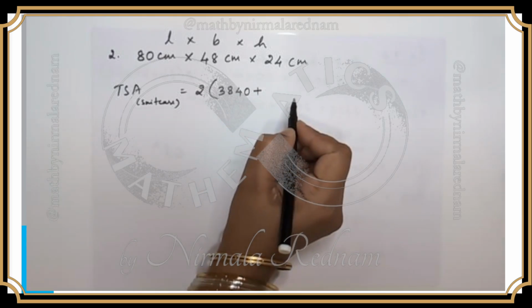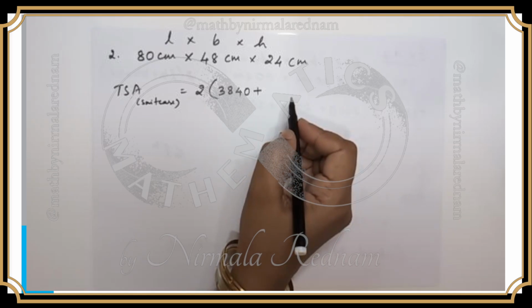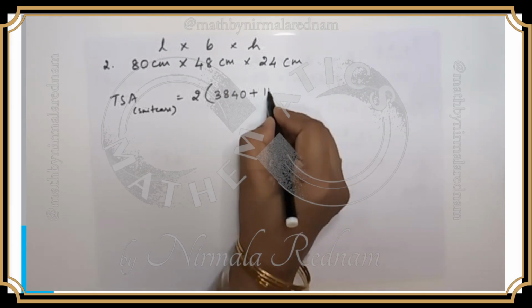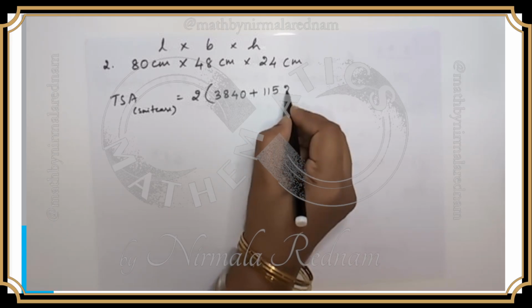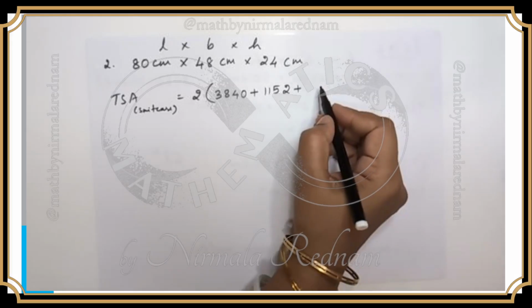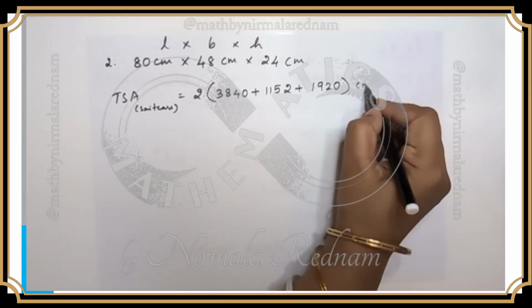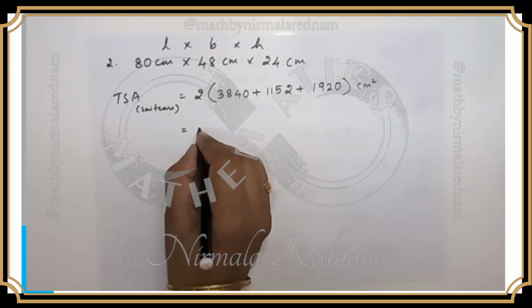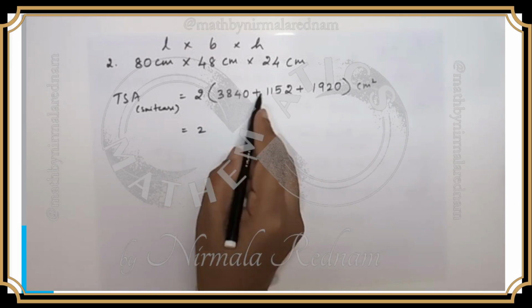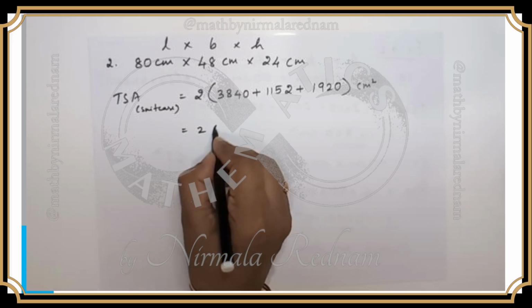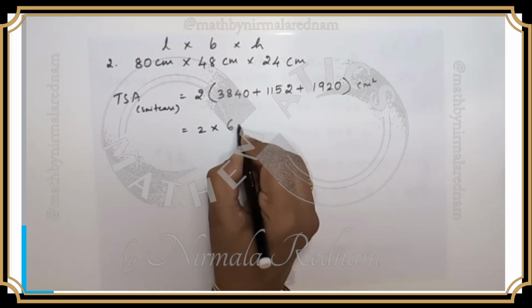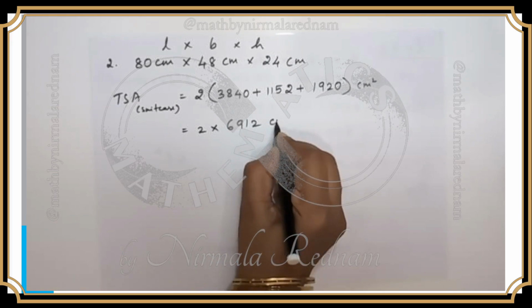And then I have 48 into 24, correct? 48 into 24 is going to give me 1152, and then 24 into 80, which is 1920. So it's just a little bit of calculation you need to do here. So I have 2 into 6912, which is 13,824 square centimeters.